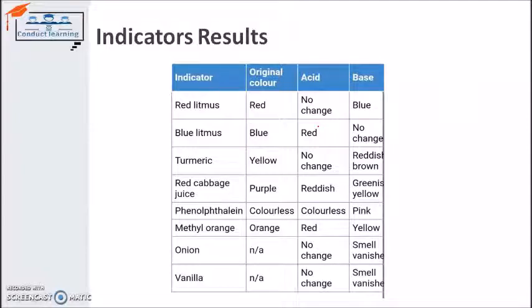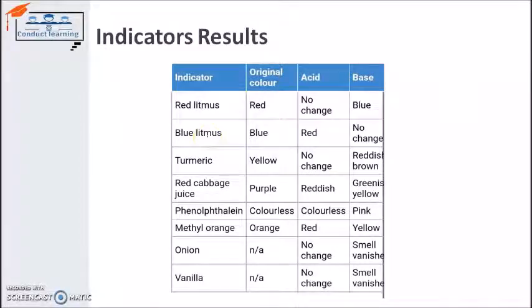But when the same red litmus paper is put in a base solution, its color will change to blue. So red litmus paper is used to check whether the solution is acid or base through the change in color. Its original color is red, which does not change when the solution is acid, and it changes to blue when the solution is base.